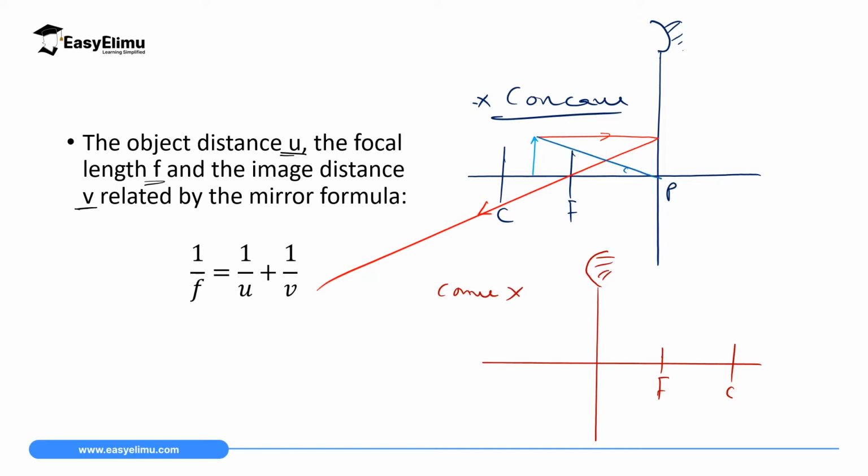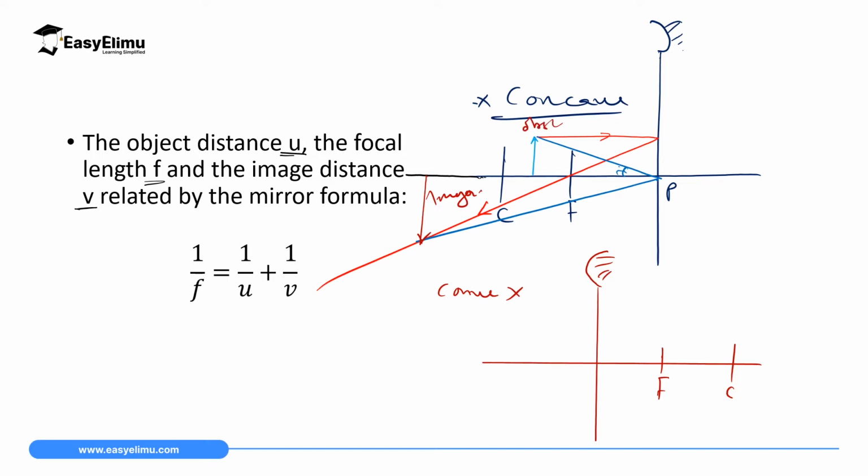If this is the angle of incidence, I'm just approximating, then it will form the same angle as the angle of reflection. Then we will have our image formed at this point where these two rays meet. This is the image, and this is the object.